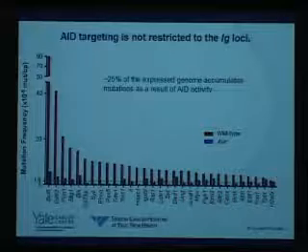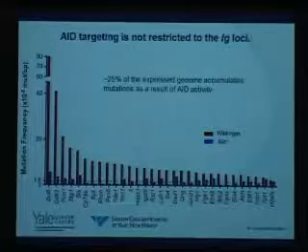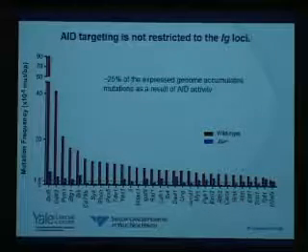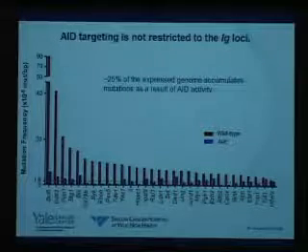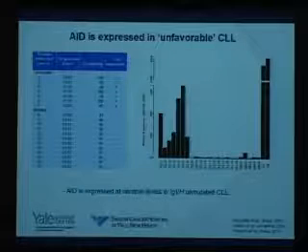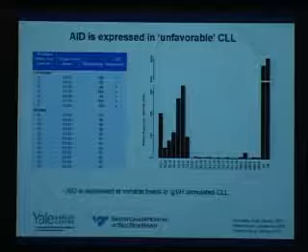And so this raises the question: if you have a B cell that expresses a DNA mutator, is AID possibly playing a role in the pathogenesis of B cell malignancies, specifically CLL? There have been a number of small studies looking at expression of AID.